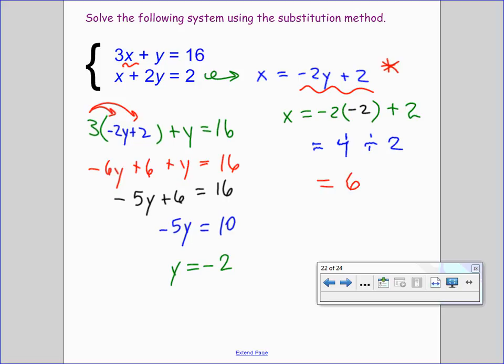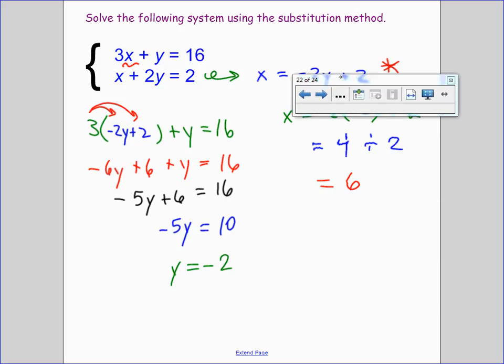But I'm going to do my ordered pair x comma y and check it. And so I'm getting negative 2 comma 6, and we're going to check it. Does 3 times negative 2, that's negative 6... Nope, we need to switch these, right?